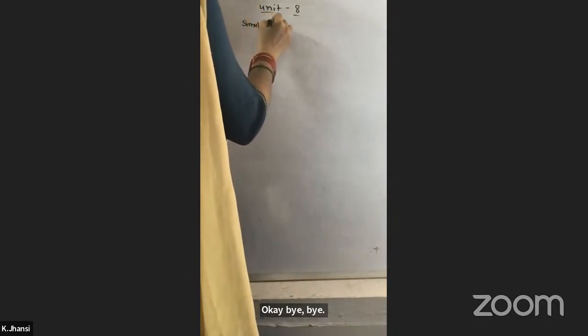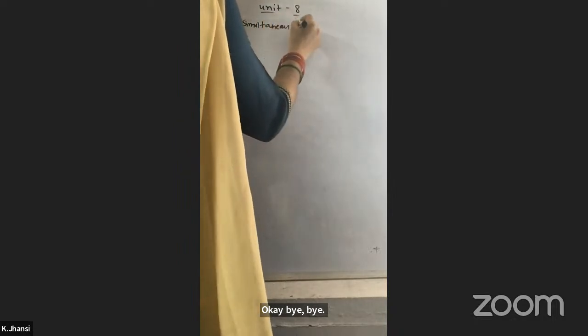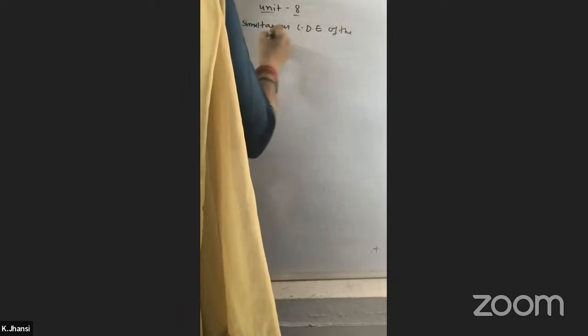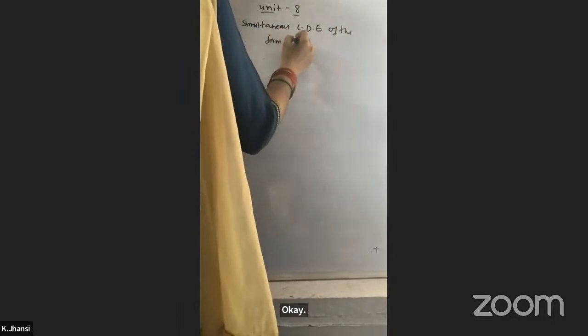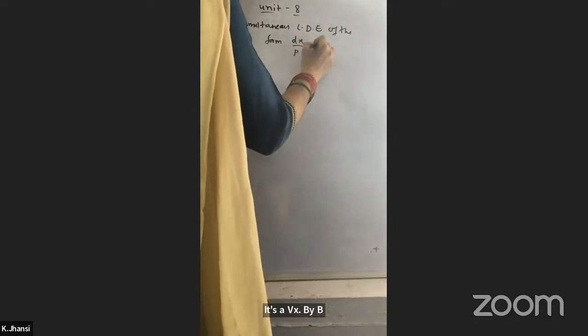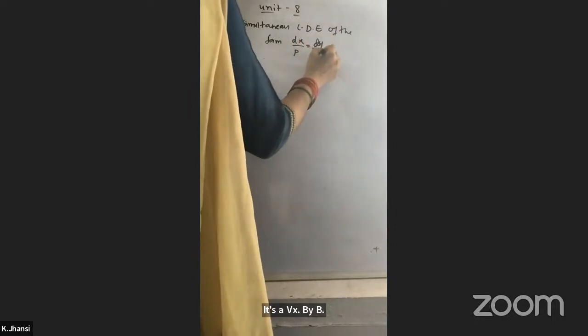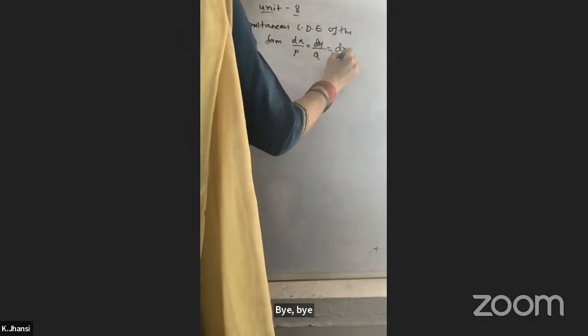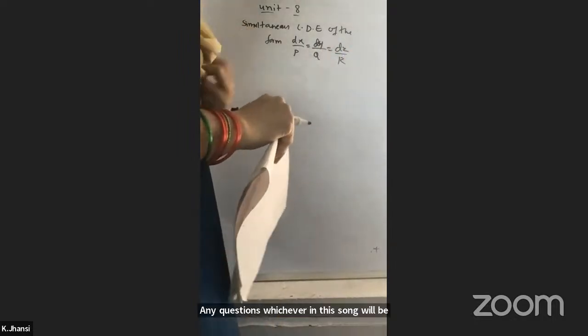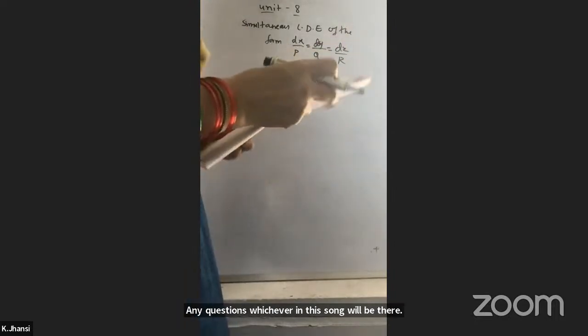At the time of introduction, I told you what the simultaneous linear differential equation of the form is. That is dx/P equals dy/Q equals dz/R. The equations in this form are called simultaneous linear differential equations.